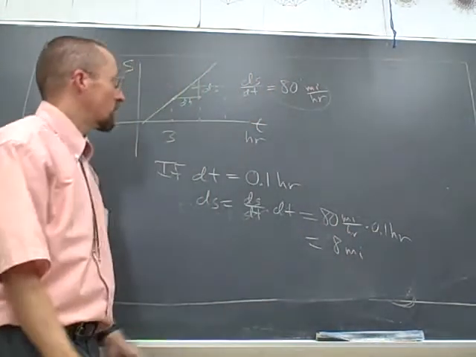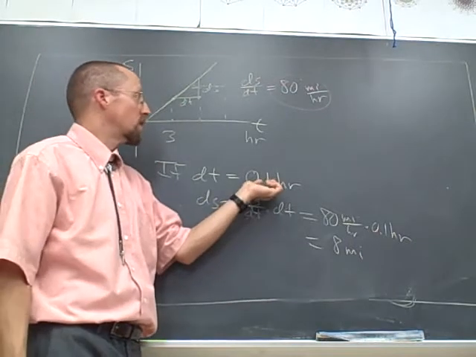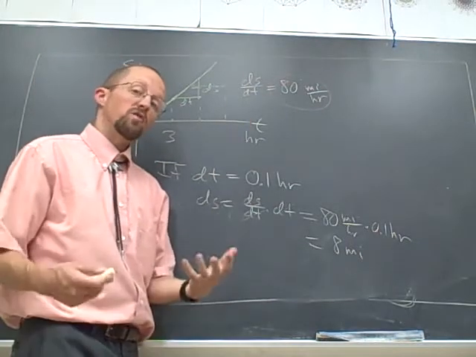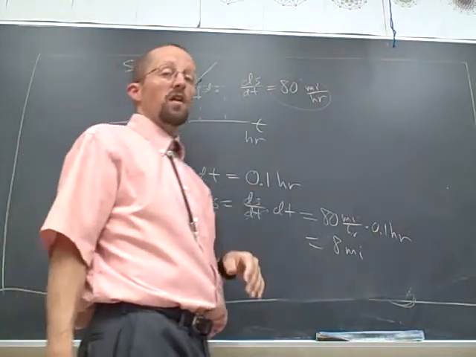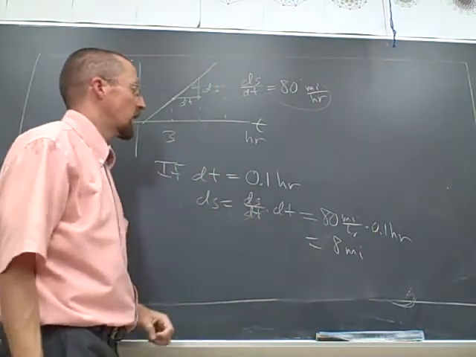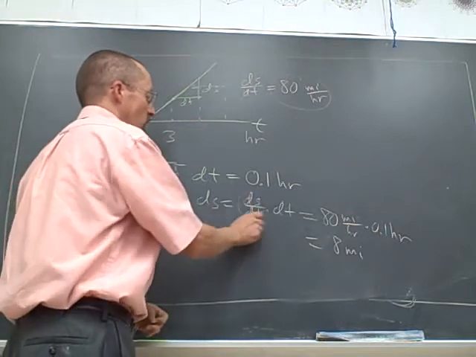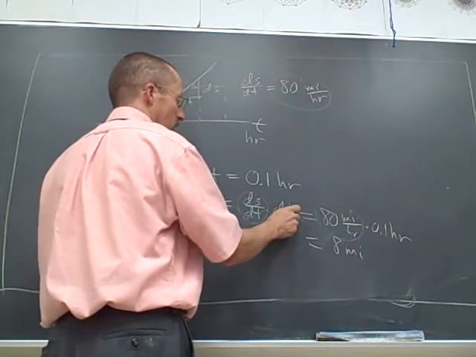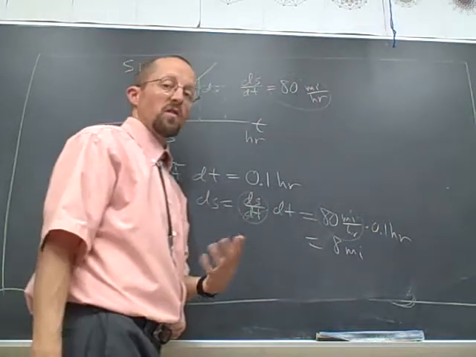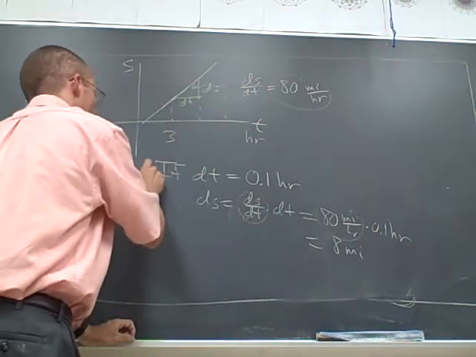Hopefully that shouldn't shock you: my prediction for where he's going to go in 1/10 of an hour is 8 miles. But it's really an approximate prediction. It says he can't change his velocity for that to be perfectly accurate. But this notation of multiplying ds/dt by dt to get ds is a very handy way to think about it.